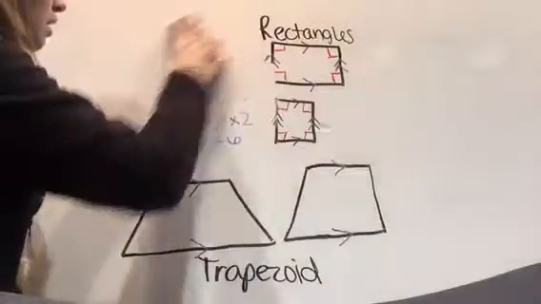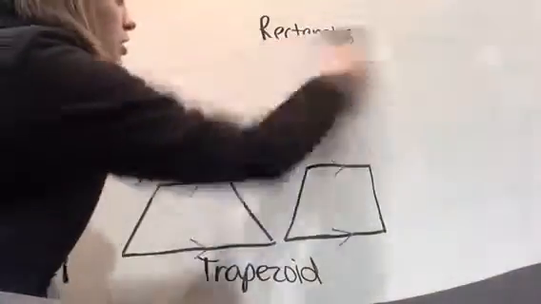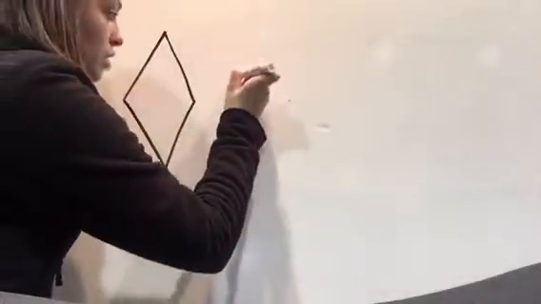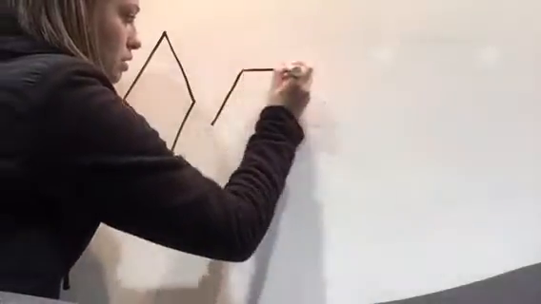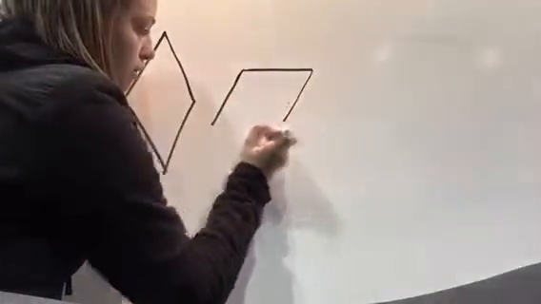Now I'm going to draw 2 pictures of a rhombus. A rhombus can look something like this, or it could also look like this.